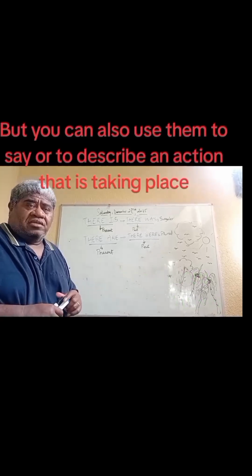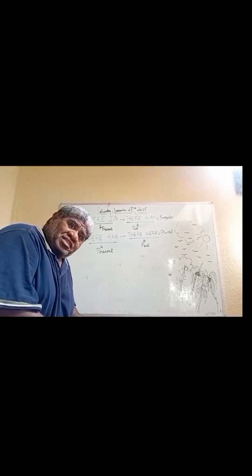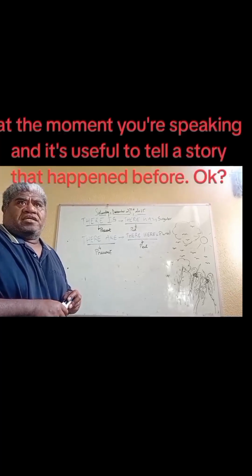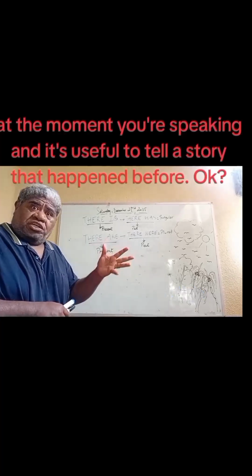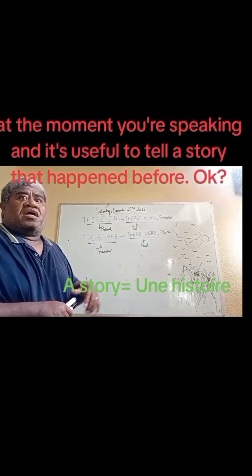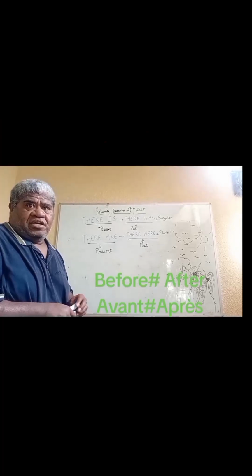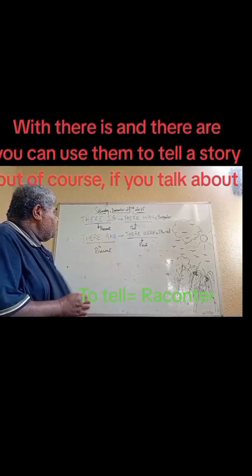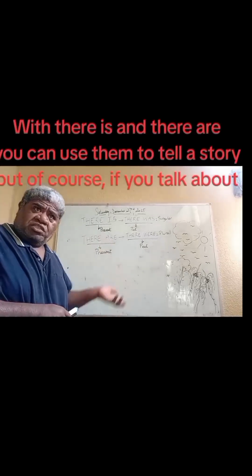to describe an action that is taking place at the moment you're speaking, and it's useful to tell a story that happened before. You can use them to tell a story.